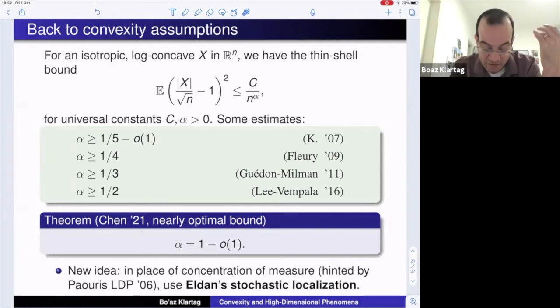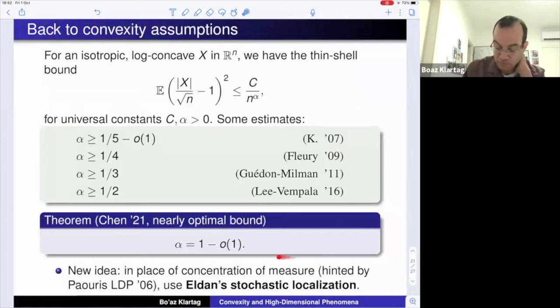And now, just this year, in 2021, Yuansi Chen, who also gives two lectures in this lecture series, made a breakthrough and got a nearly optimal bound. So he got a thin shell bound of a constant over n to the 1 minus little o of 1. This is now the exponent. This is really a breakthrough, and it again uses this new technique, stochastic localization, in place of concentration of measure.